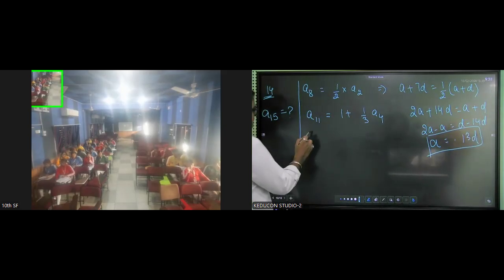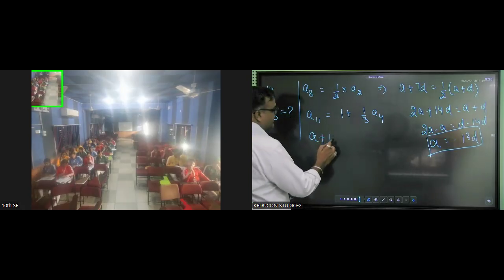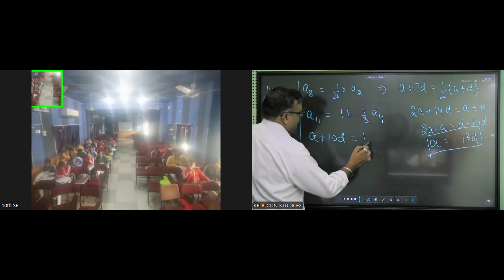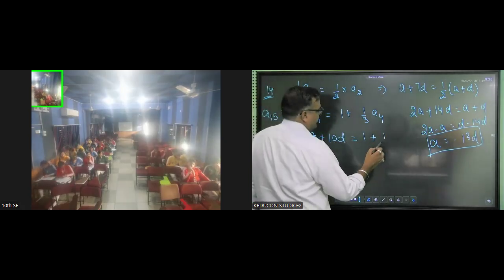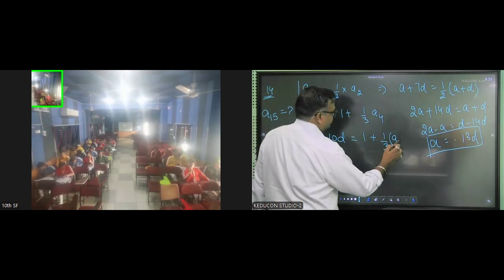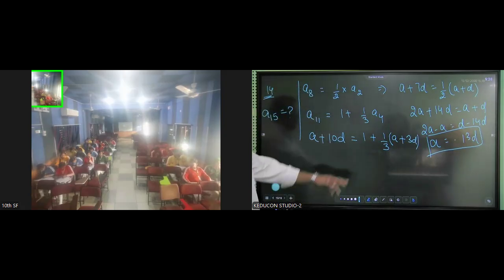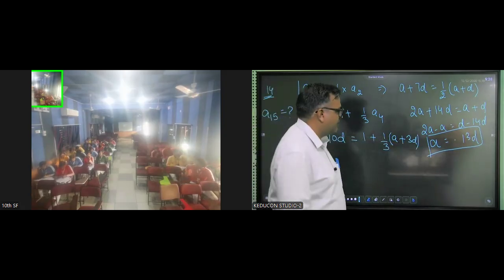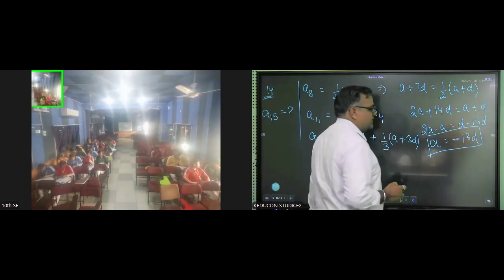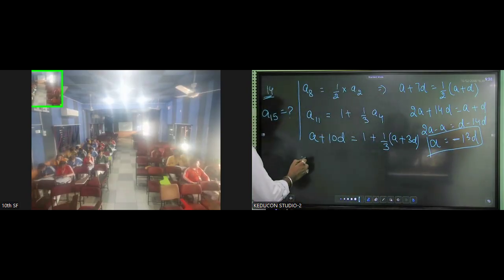Now we come to the second equation. a plus 10d is equal to 1 plus 1/3 of (a plus 3d). Now you can put the value of a from here, minus 13d, in this equation.